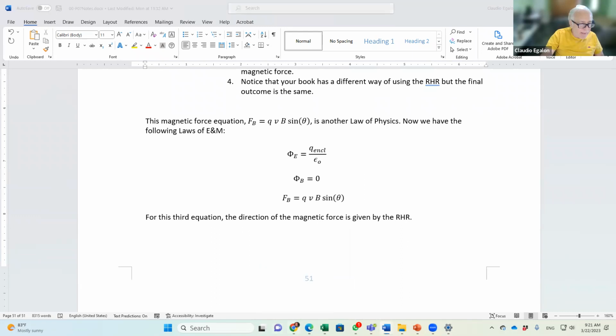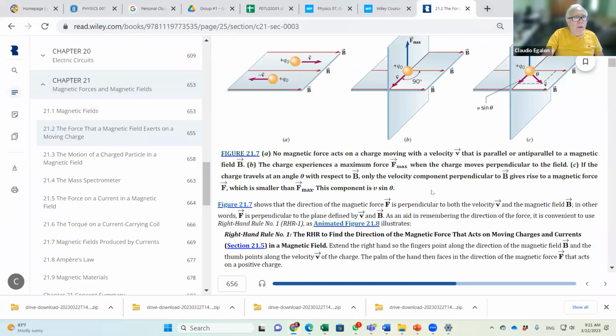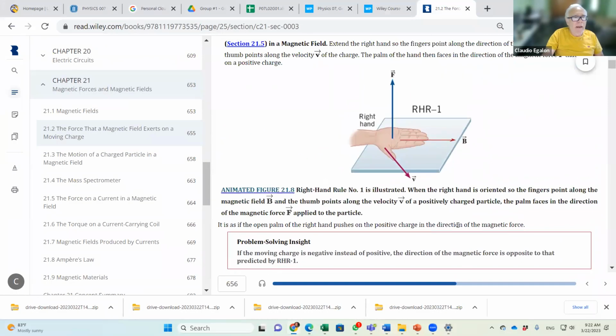Okay, let's take a look on the internet at other right-hand rules. That's one way of spelling out the right-hand rule. The thumb is pointing in the direction of the velocity vector. The palm of your hand is pointing in the direction of the magnetic field vector, and the magnetic force is going to be perpendicular to the plane of your right hand.